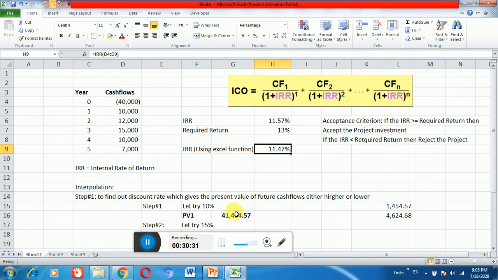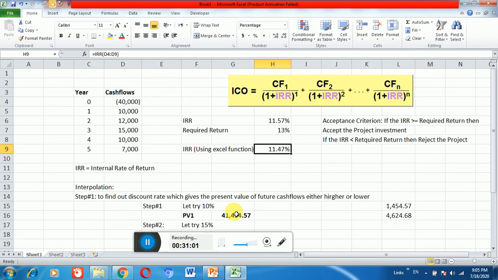So dear students, this was all about IRR, internal rate of return. Inshallah, in the next class we will work on another two methods of analyzing projects, the evaluation methods. One is PI, the profitability index, and also the present value method, PV.